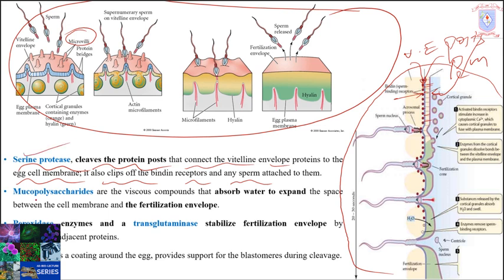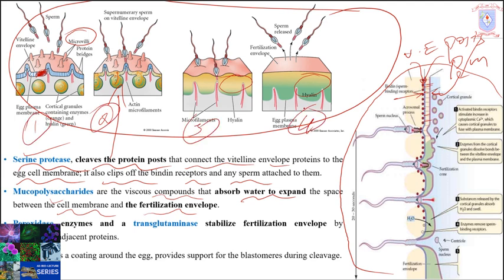And mucopolysaccharides are viscous compounds that absorb water to expand the space between the cell membrane and the fertilization envelope. Here you can see the expansion of this area. Initially, it was a very small area like this one, isn't it? After release of the chemicals from the cortical granules, as you can see in the second diagram, this area becomes expanded.